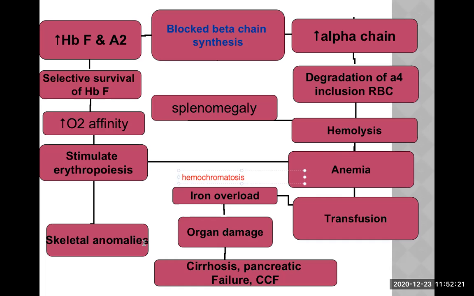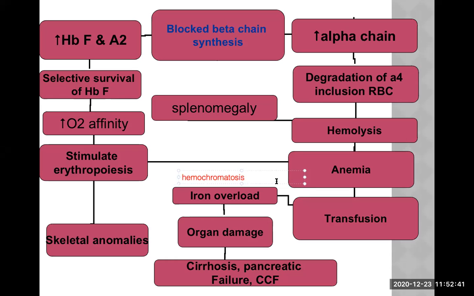We'll talk about that a bit later. Other long bones are also affected. The medullary cavity of those long bones is also expanded, and then the cortex of the bone will become thinner, so there may be easy fractures in those bones. So these are the problems of skeletal anomaly.